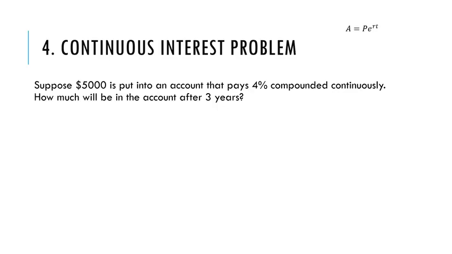A equals 5000 e to the 0.04 times 3. Use those parentheses, and you should get $5,637.48.